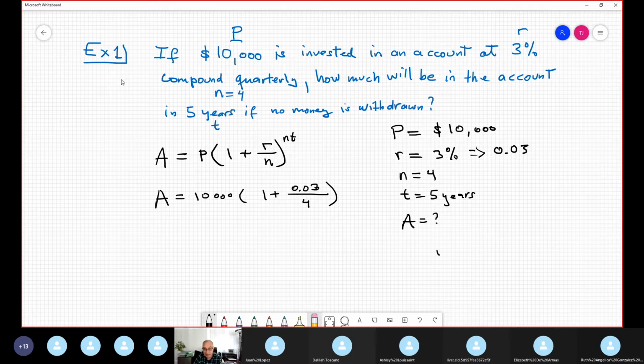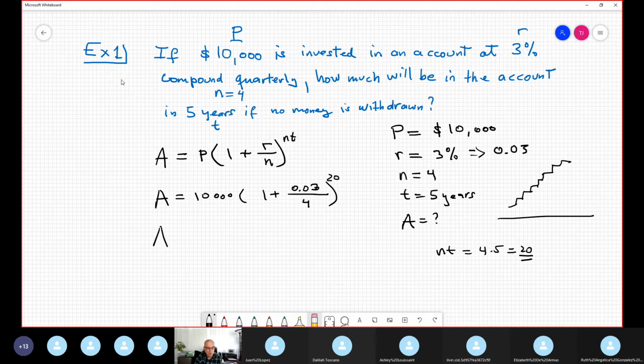And what is nt? n is 4, t is 5, so it is 20. This 20 represents our money increasing in 20 steps, like stairs. 20 is the multiplication nt.